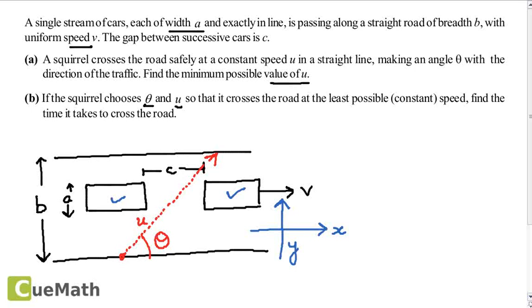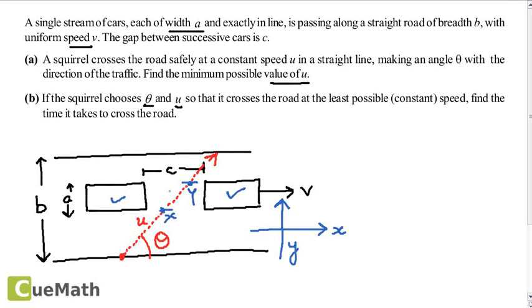Now ask yourself this question: what is exactly the risky part of the squirrel's trip? What is that part of its path on which there is a chance of collision with a car from the stream of cars? Obviously that part is from this point here to this point here. So let's call this point x and let's call this point here y.